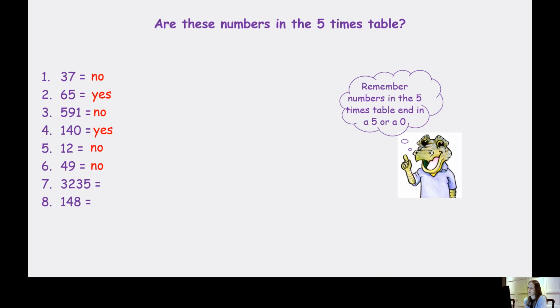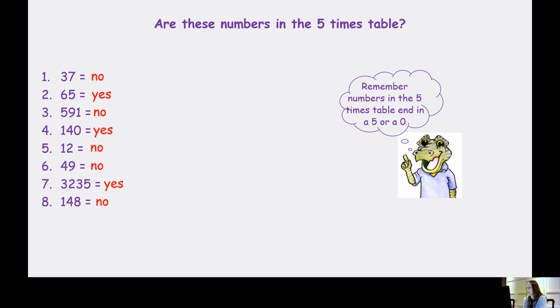It would take a very long time. Do we know whether it's in the 5 times table just by looking at it? And the answer is yes, because it ends with a 5. And then the last one, 148, is that in the 5 times table? And of course, you'll be an expert by now, and the answer is no, isn't it? It doesn't end with a 5 or 0, so no, it doesn't.